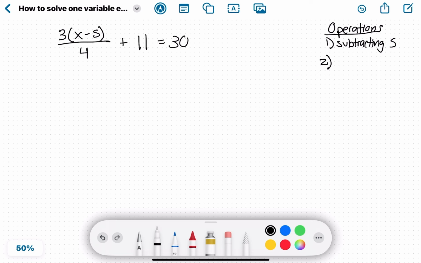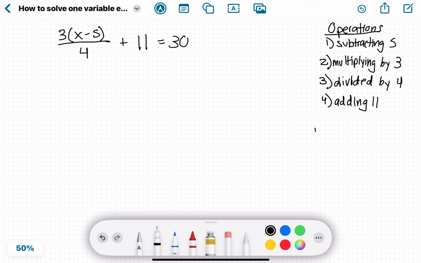That means multiplication. Multiplying by 3. After that, you see the whole thing is over 4, so that means it's being divided by 4, like we did in our other example from before. And then finally, right next to that is plus 11. So that means after that, 11 is being added.